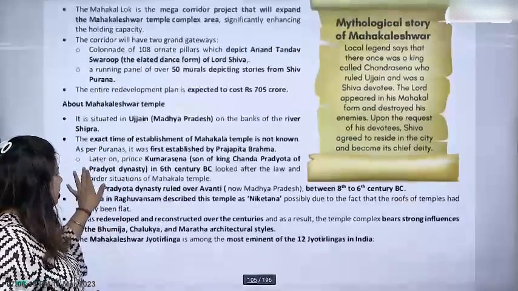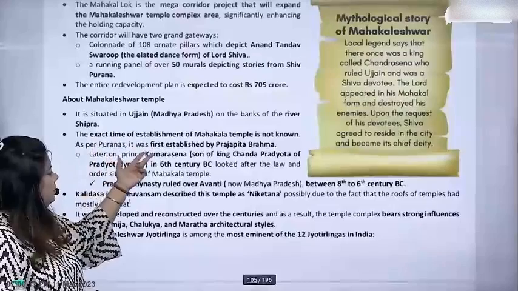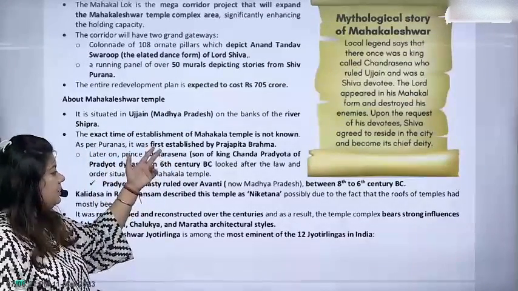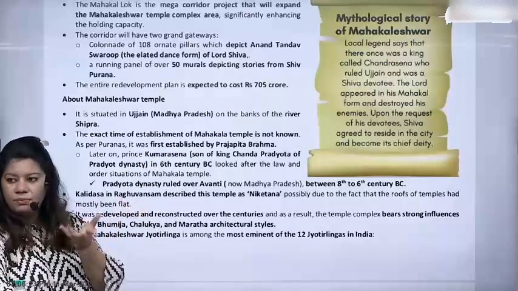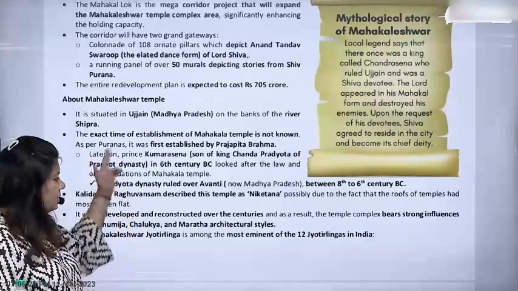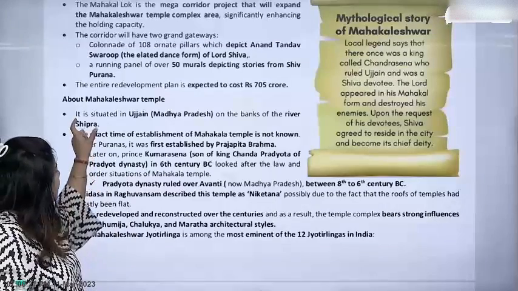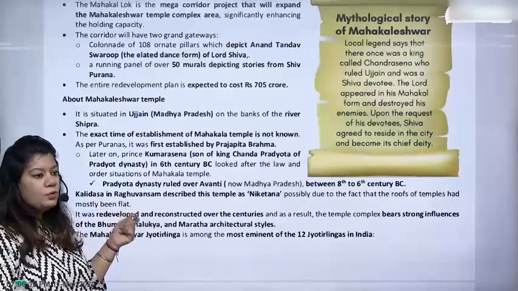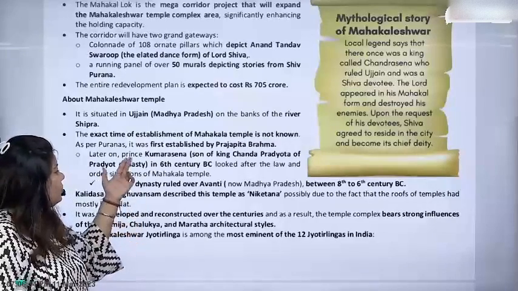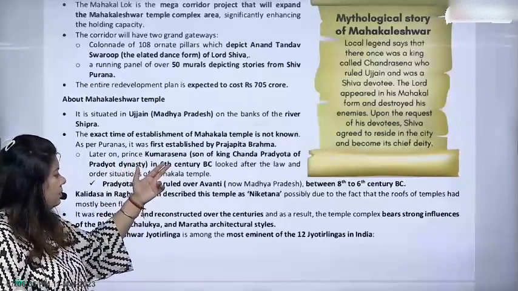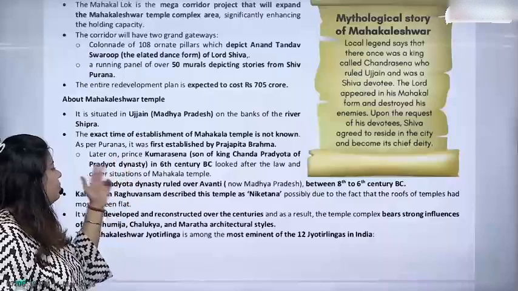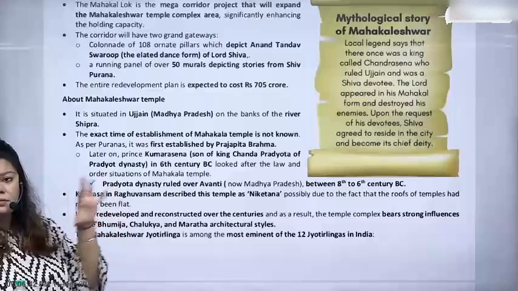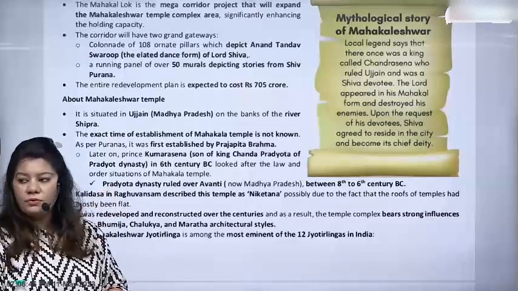However, it is said as per Puranas that it was established by Prajapati Brahma, but the exact person is not known, so you can skip this fact. But when you are doing Mahakaleshwar temple, Ujjain was ruled by different dynasties. One of the rulers called Kumar Sen, who was from the Pradyot dynasty, looked after the temple.